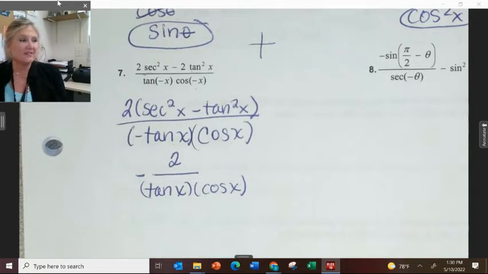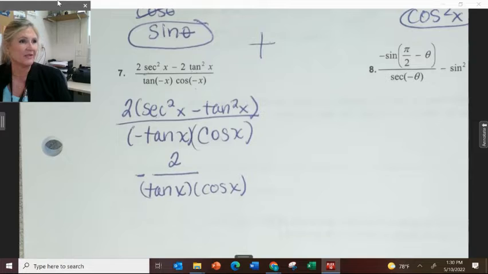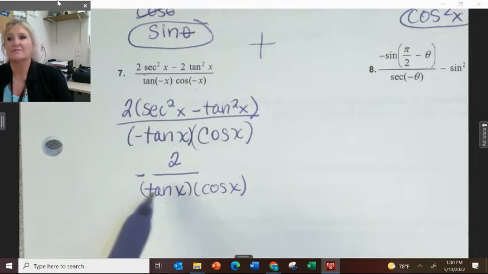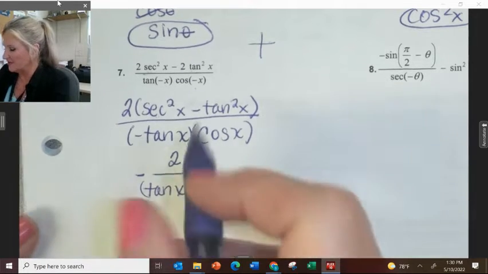Well, when I'm trying to simplify this, I'm trying to get it down into a single trig function. So I want to have either just sine, just cosine, or just tangent, and I have 2 right now. Any ideas on what we can do? What do you think, John? Change tangent to sine or cosine. All right, I think that'll be a good choice.